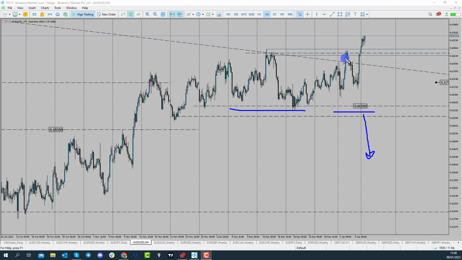Instead, although price did reject back up at these range highs, which is something we did talk about, price has since rallied and broken through that high. Now this is down to a factor of a couple of things.